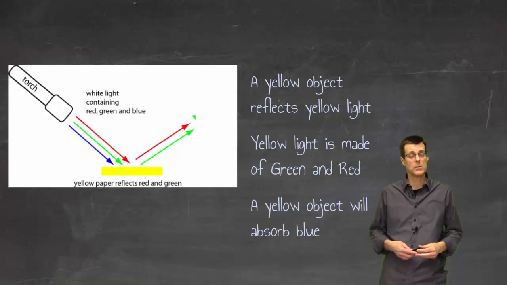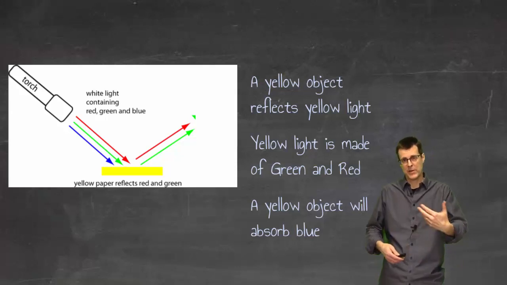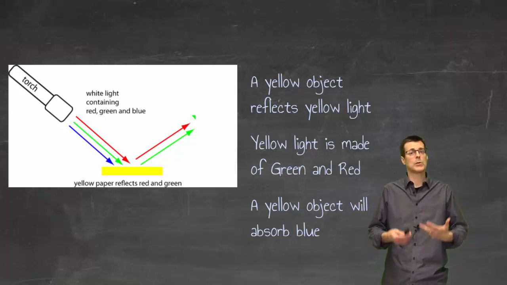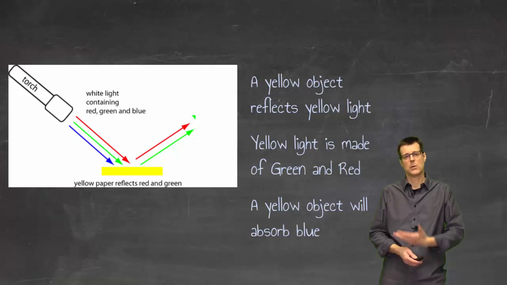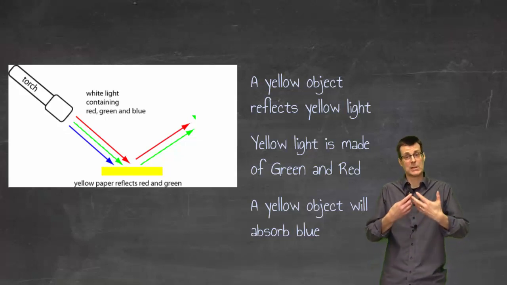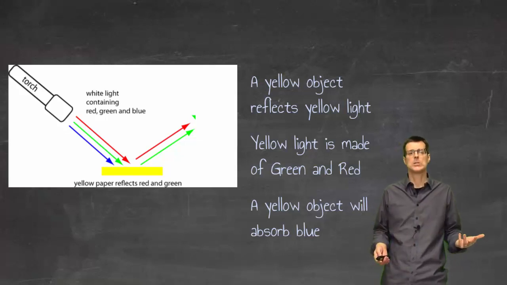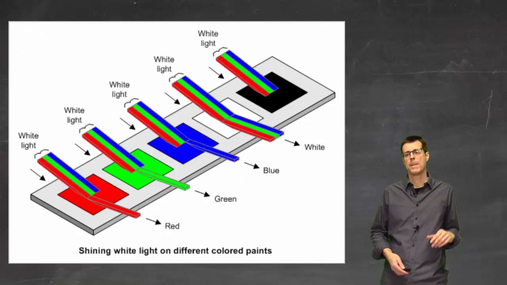See, there's nothing to it. This is easy stuff. Well, the yellow object also absorbs blue, because if it reflected red, green, and blue, it would appear white. So it can only reflect the colors that we would perceive as yellow, which are red and green. Too easy. Got it. No problem.